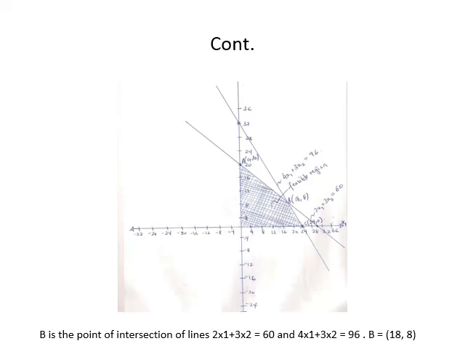So A, B, C and 0, D. So this is a border. A is a border of the feasible region, with x2 on the vertical axis and x1 on the horizontal axis.